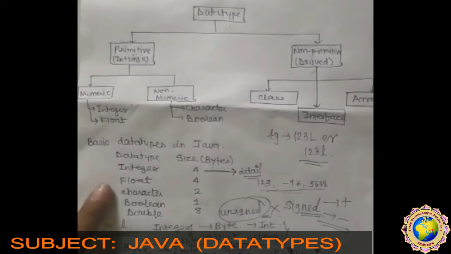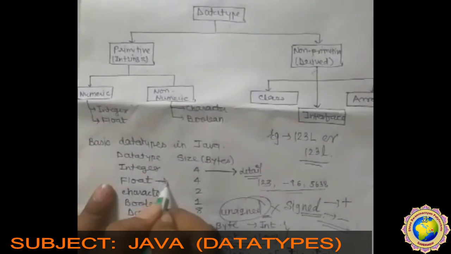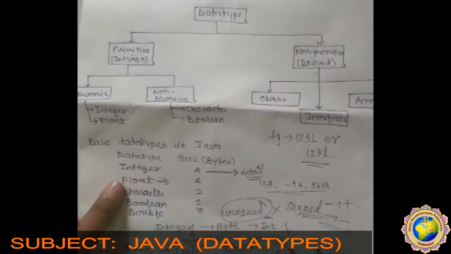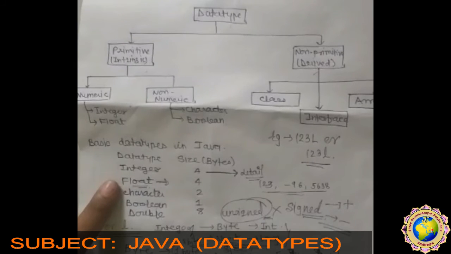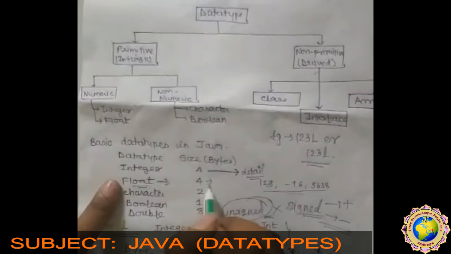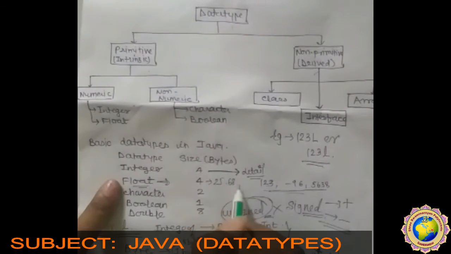Now the floating type. Integer type can hold only whole numbers, right? Therefore we have to use another type, the floating type, to hold numbers containing a fraction part such as 25.68 and 29.55.